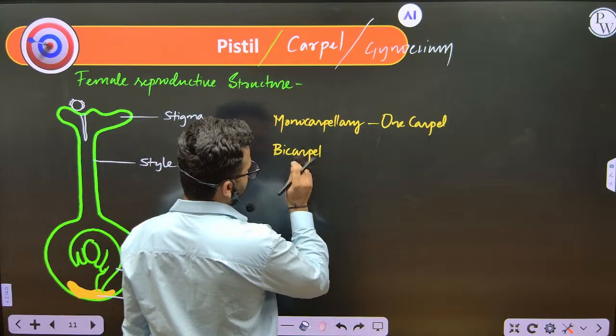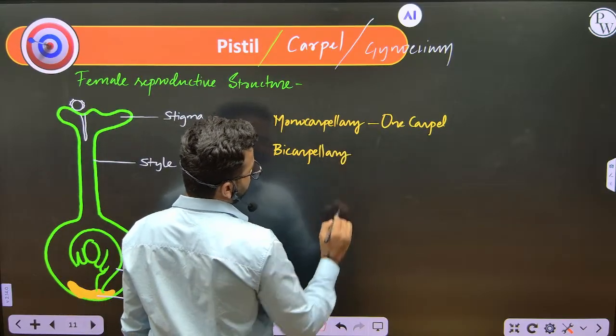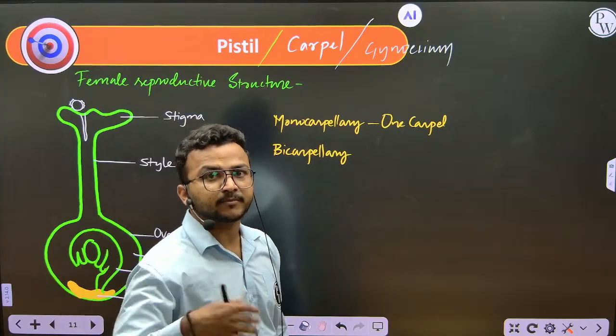If it contains two carpels, it is bicarpellary. If it contains more than two carpels, then it is multicarpellary.